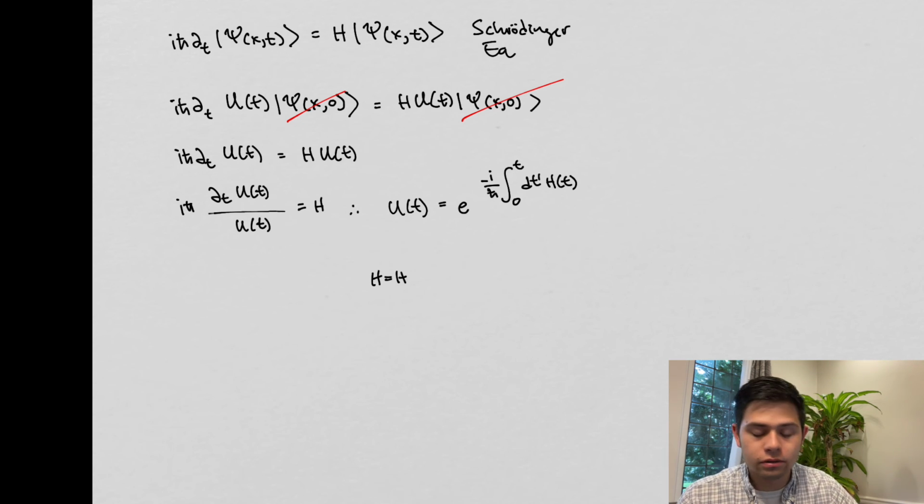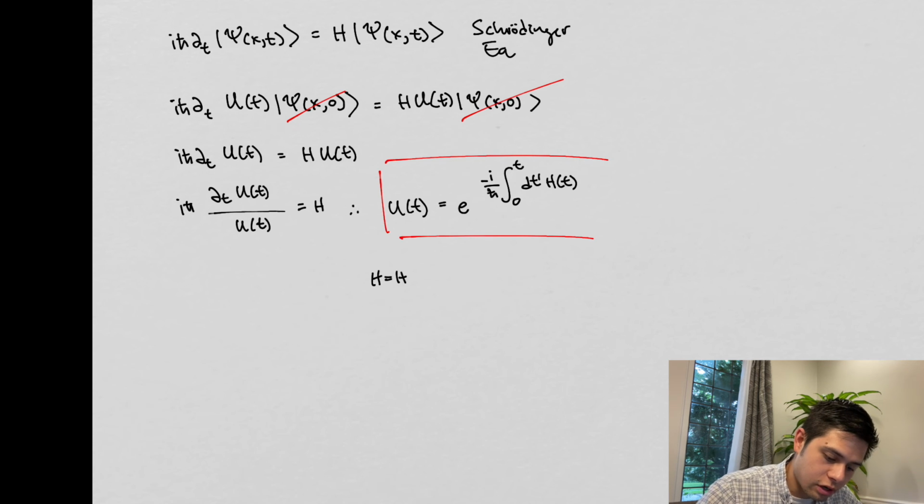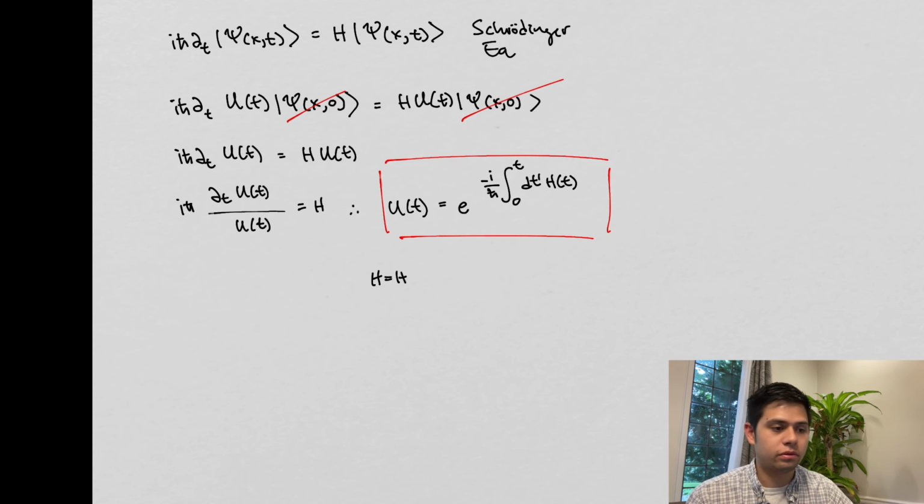That means the thing we proposed to be a solution actually worked. Right? This is a time evolution operator, and this is extremely, extremely important for what's to come later.